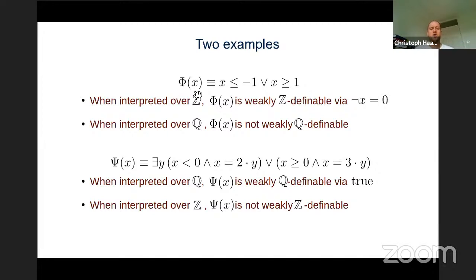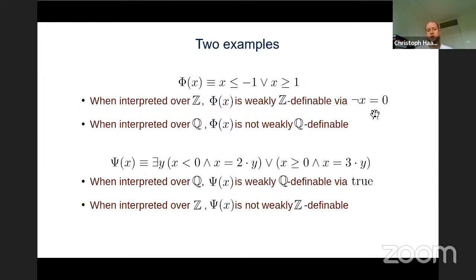If we look at this formula phi here, it says that x is less or equal to -1, or x is greater or equal to 1. We can interpret x in the integers or in the rationals. When we interpret x over the integers, the set defined by this formula is weakly Z definable by just saying that x must not be 0.